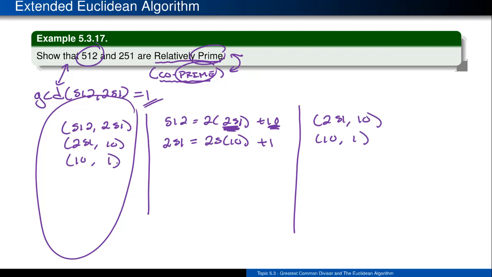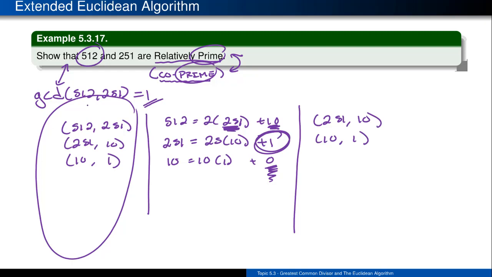So 1 goes into 10 10 times, because 10 is equal to 10 times 1 with a remainder of 0. The moment you see that remainder of 0, you stop, and your GCD is that last non-zero remainder, which is exactly what I wanted to see. I wanted to show that the GCD of 512 and 251 is in fact equal to 1.